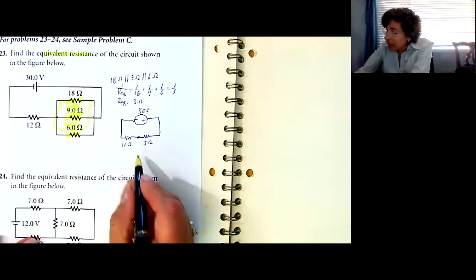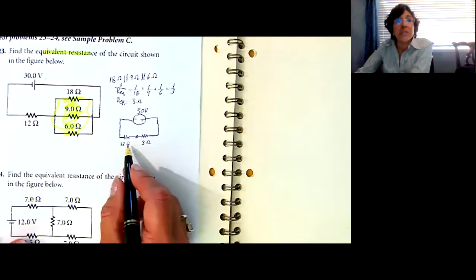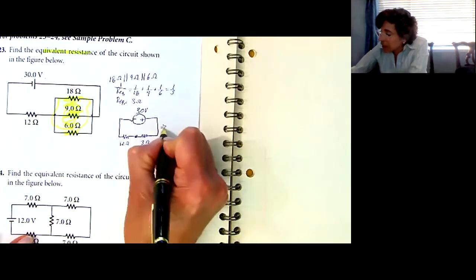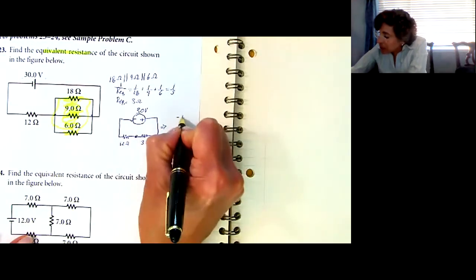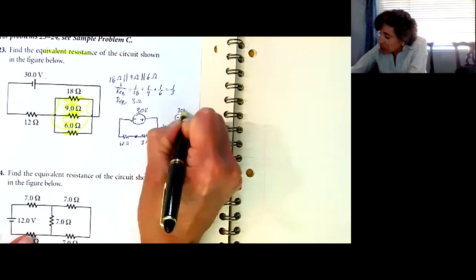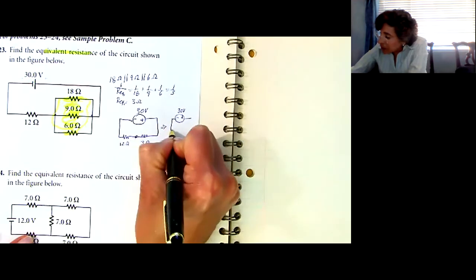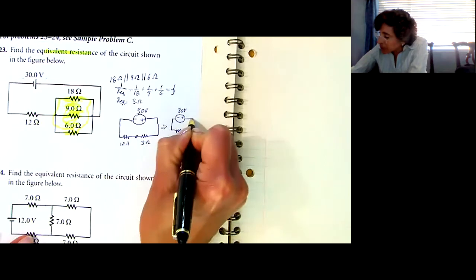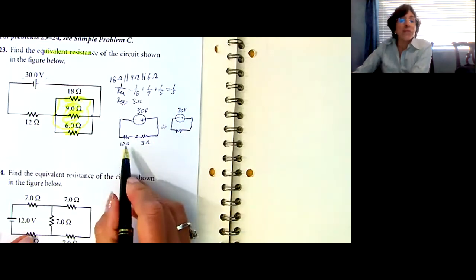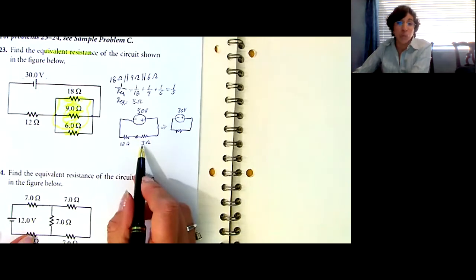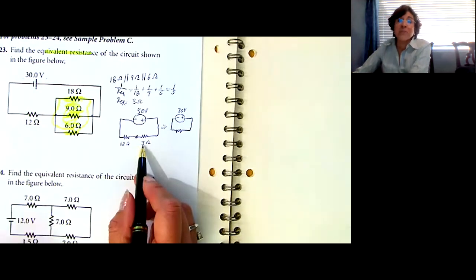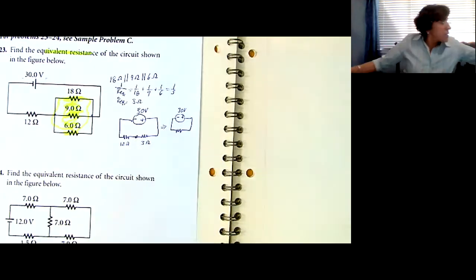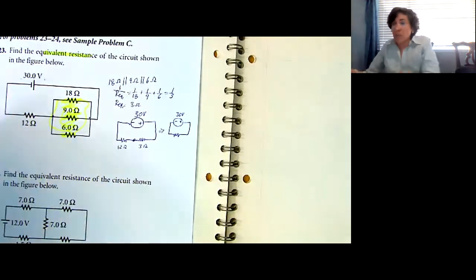So I can replace these two being in series. I'm going to say it's 30 volts connected to just one resistor. Well, what is the equivalent of 12 ohms and 3 ohms in series? Remember, if they're in series, you just add them up. I'm going to show you my handout to remind you.